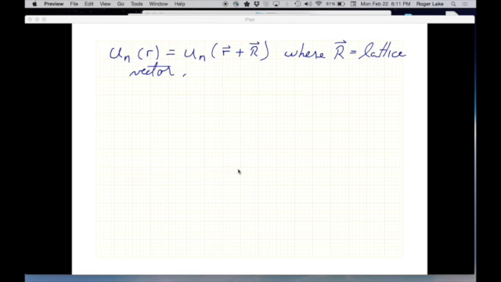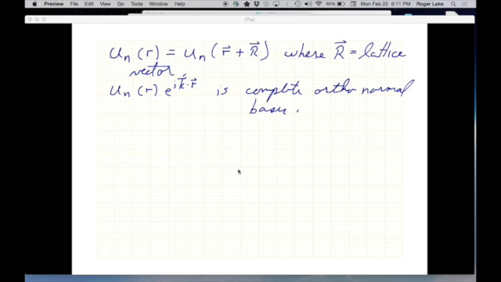And these things form a complete orthonormal basis as usual. So u n r e to the i k dot r, orthonormal basis. And this is the basis we're going to use in k dot p theory. Okay?